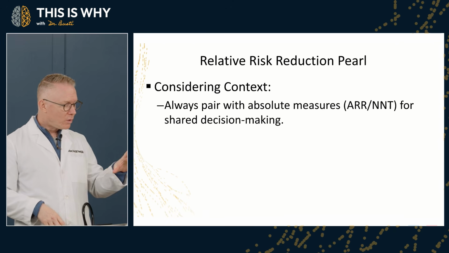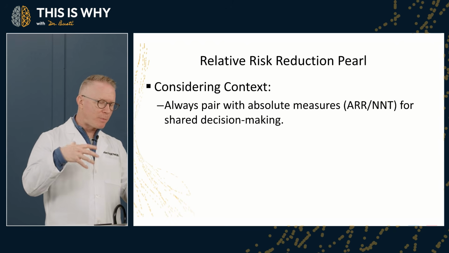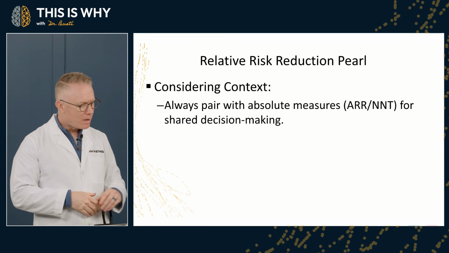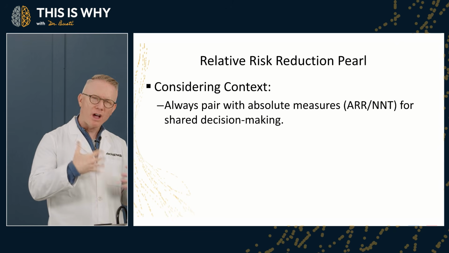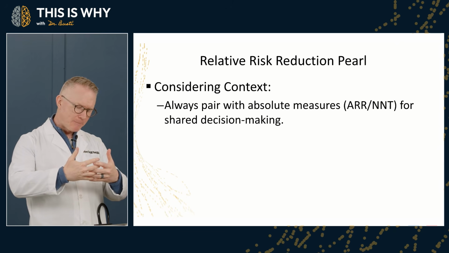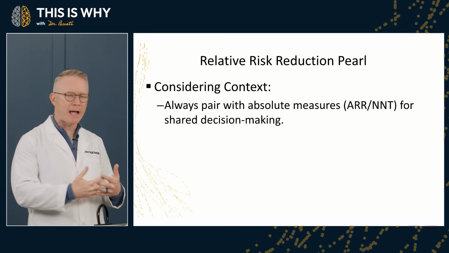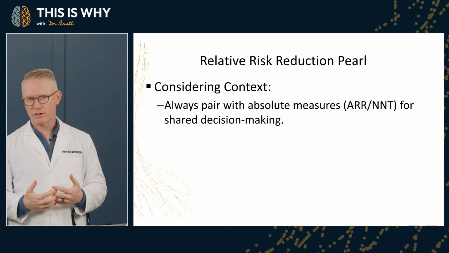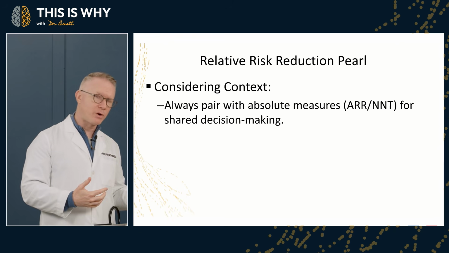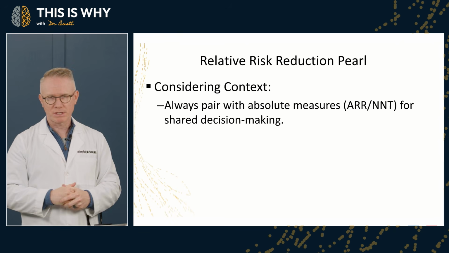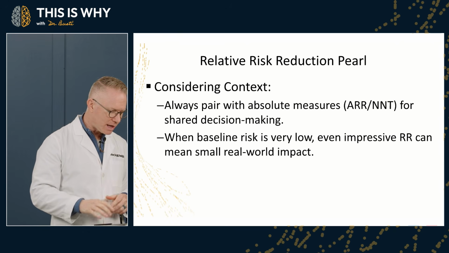Now, when we think about some pearls as it relates to relative risk reduction, we always pair this with other things to help us apply it to our real world scenarios. And that's where absolute risk reduction and things like number needed to treat come in, which is why I include it in this portion of the lecture.